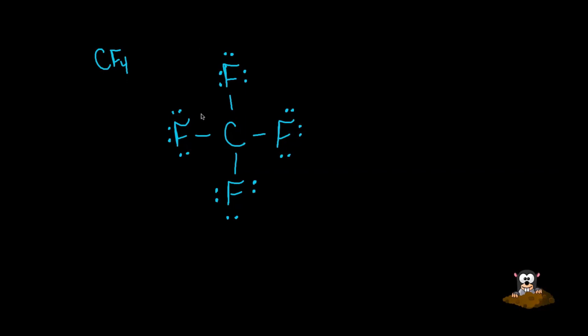So again, the dipole is going to be pointing towards the most electronegative atom, which in this example is going to be fluorine. We can see that these dipoles are all pointing in opposite directions, and therefore they're not going to be adding up. And because they're not adding up, this molecule is also going to be nonpolar.